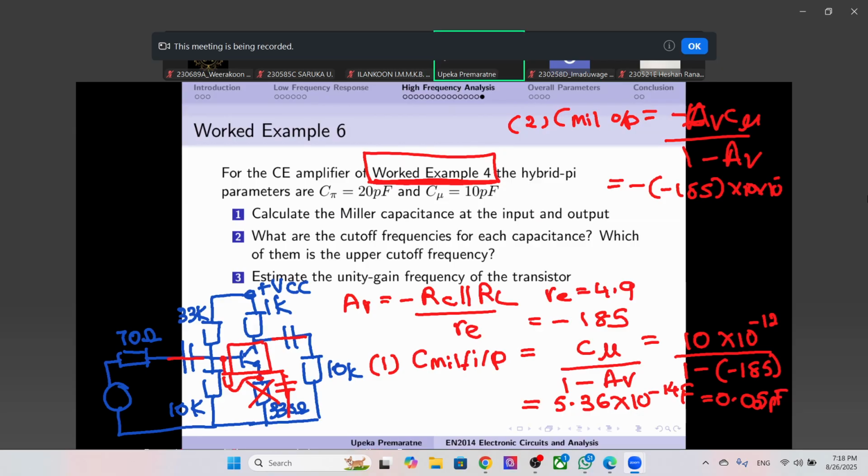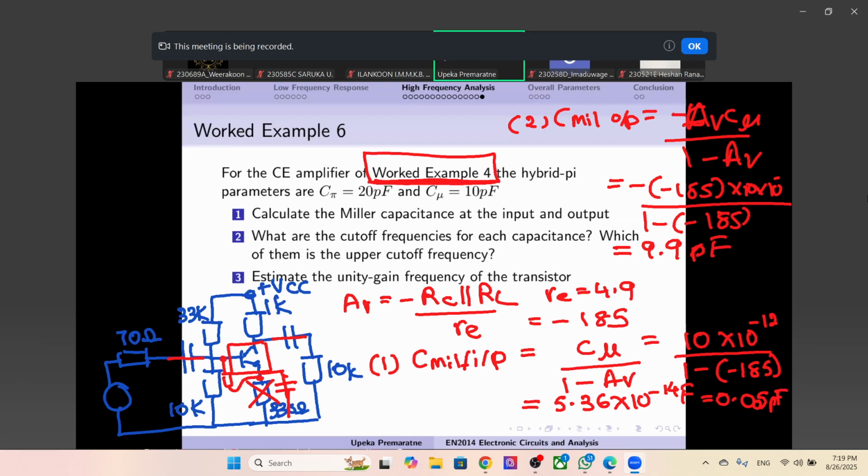Divided by 1 minus 185. And the answer we get there is approximately, right? It's around 9.9 picofarads.